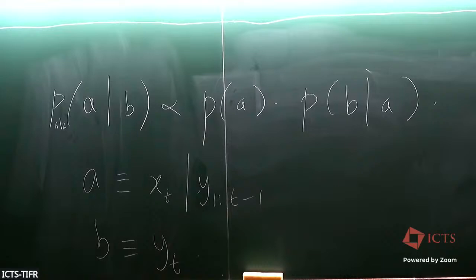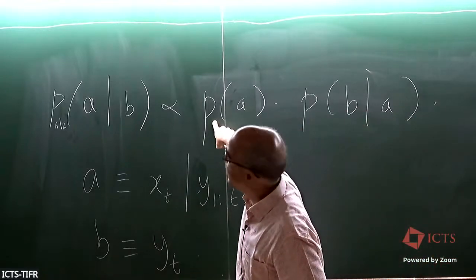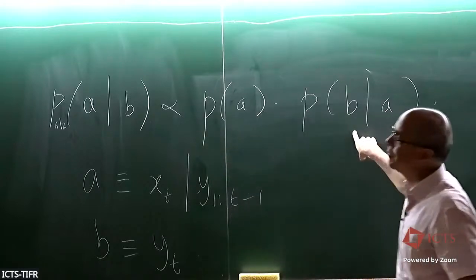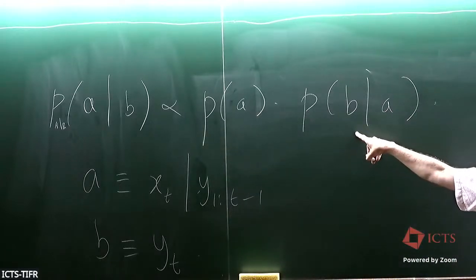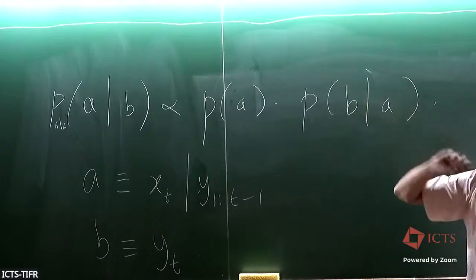So this will be the forecast, P^F, and this will be the observation likelihood. If you do this translation correctly, that's what will turn out to be.